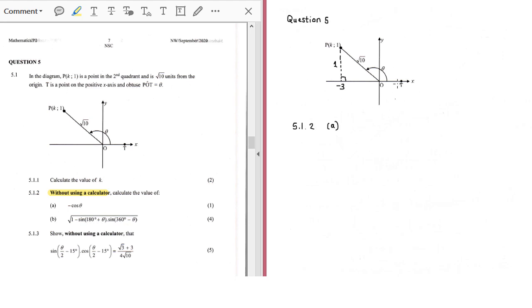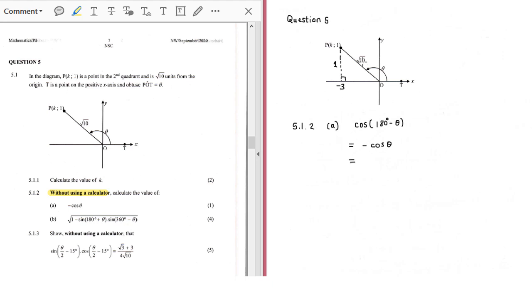So we can start off from the reduction formula and talk about the cosine of 180 degrees minus theta. We know that 180 degrees minus theta is an angle in the second quadrant. This reduces down into negative cosine of theta, which is exactly what they want us to calculate.